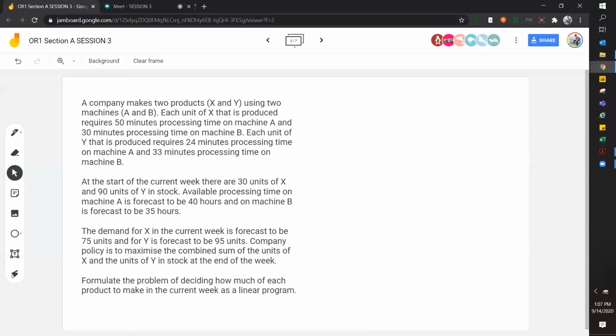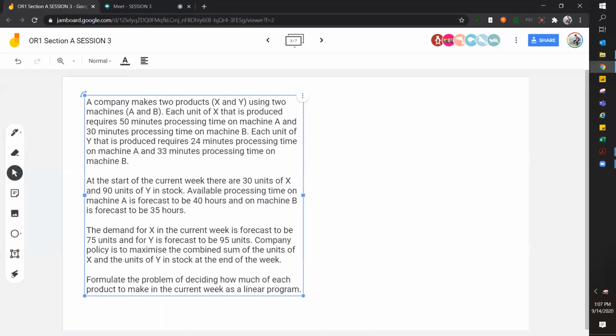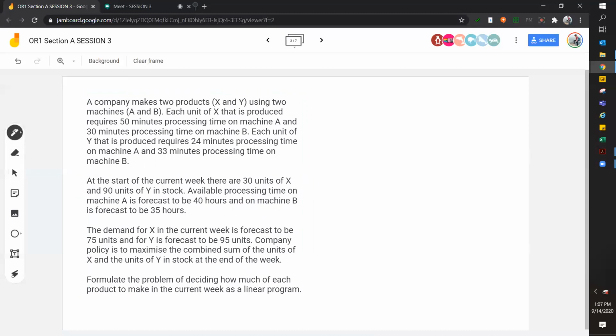So, once again, our goal is to find the maximized combined sum of the units of X and units of Y in stock at the end of the week. Okay?